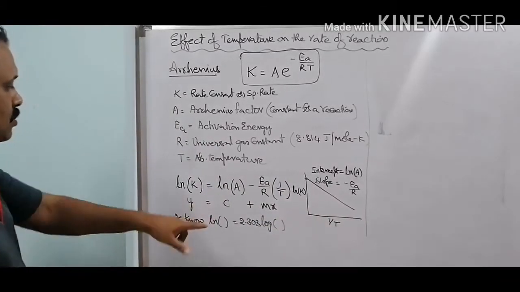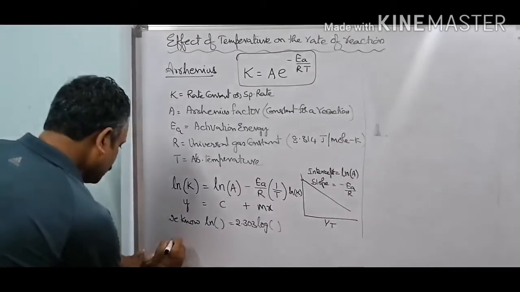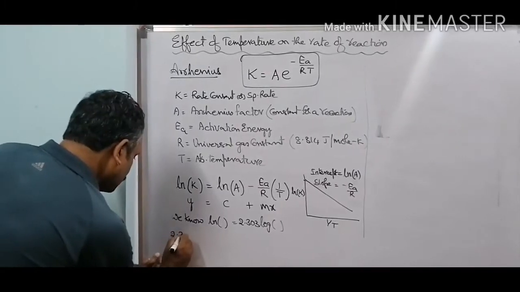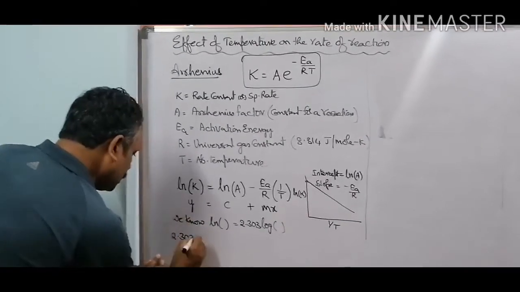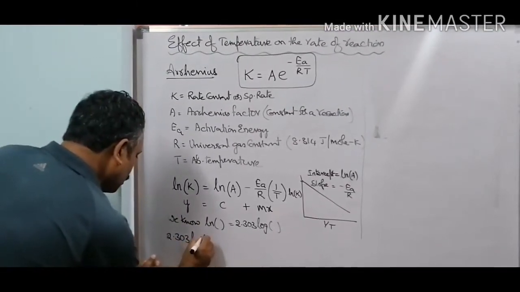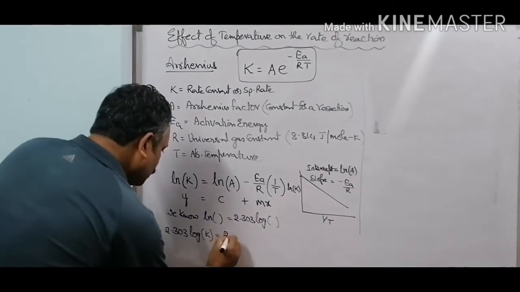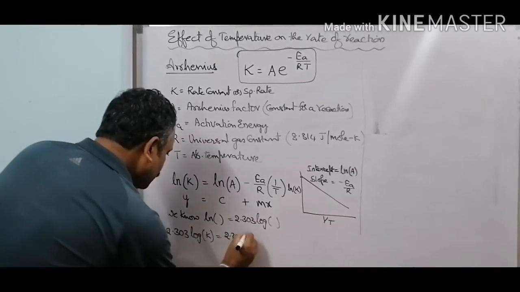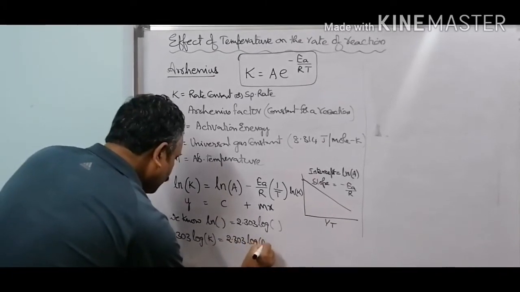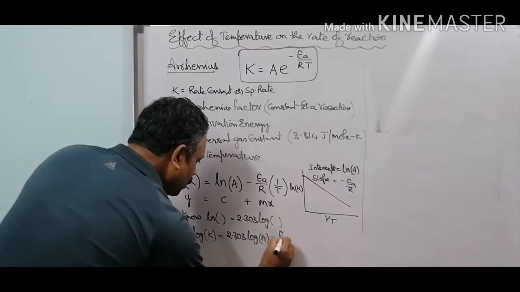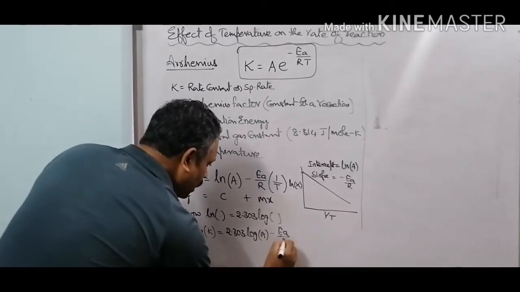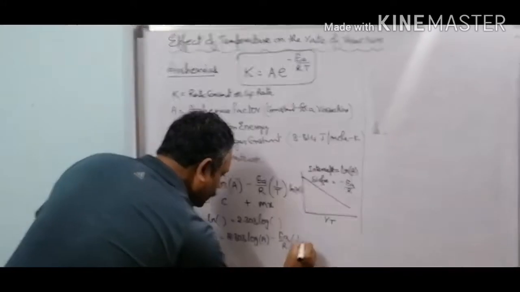So let us introduce this condition into the above equation. Then we will be getting it as 2.303 log of k is equal to 2.303 log of A minus of EA by R into 1 by T.